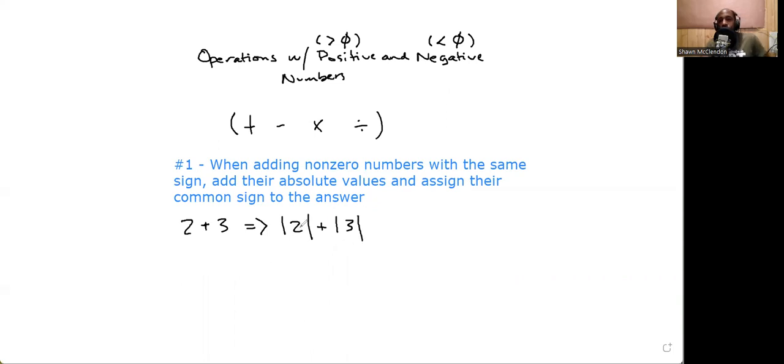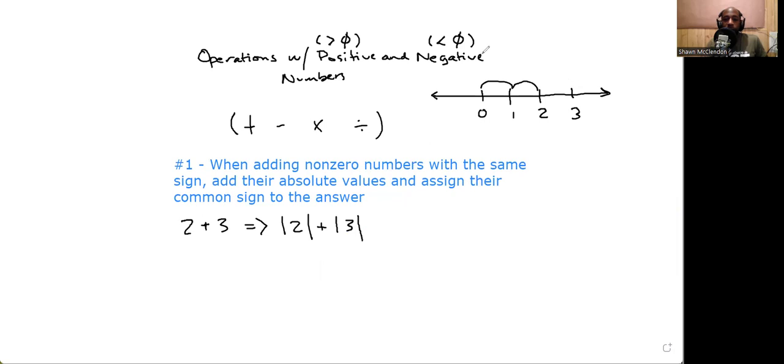And remember, the absolute value of a number is how far away that number is from 0. And you can very easily see that with a number line, which I'll draw here. So the absolute value of 2 is just 2 because it's 2 away from 0.